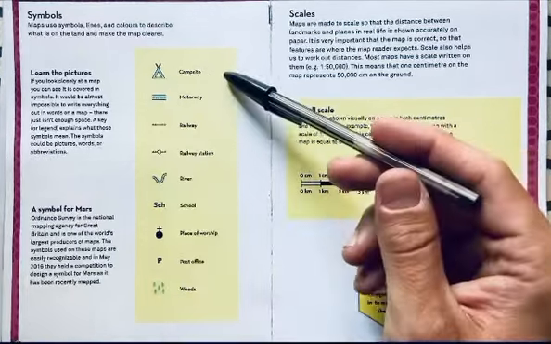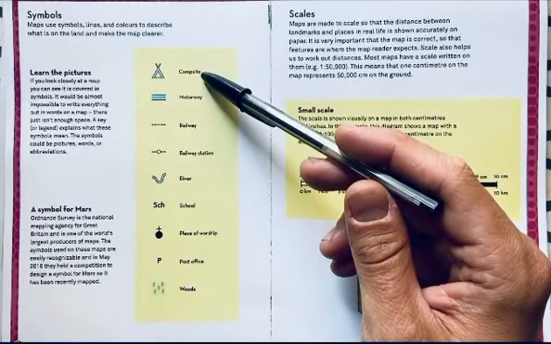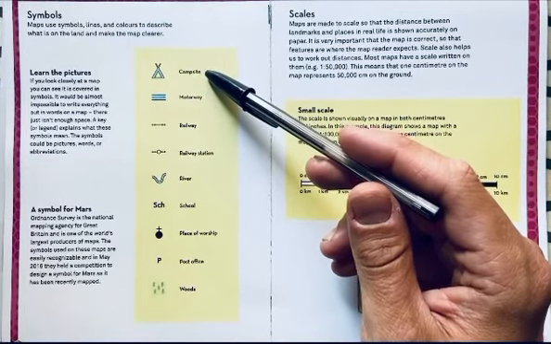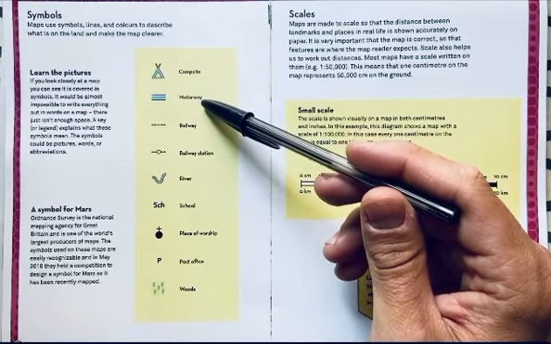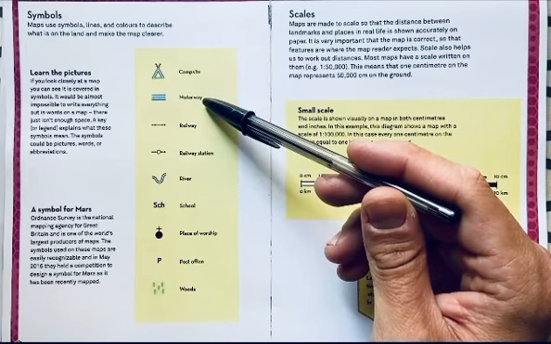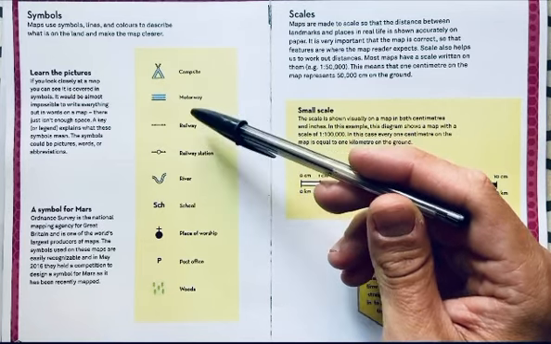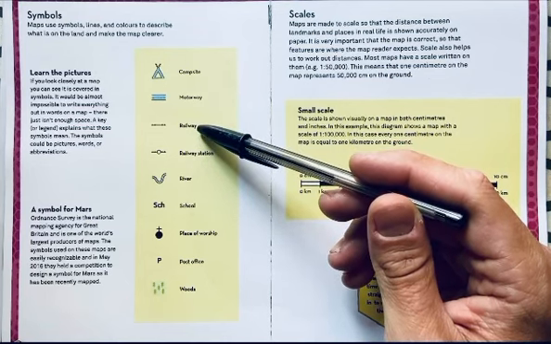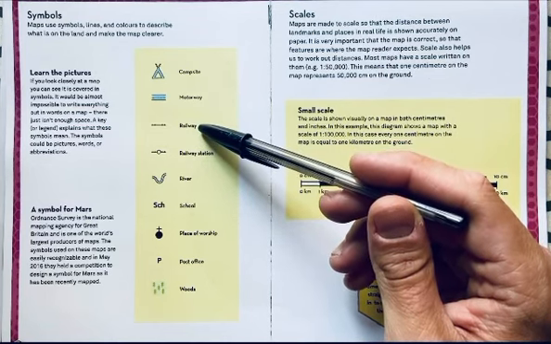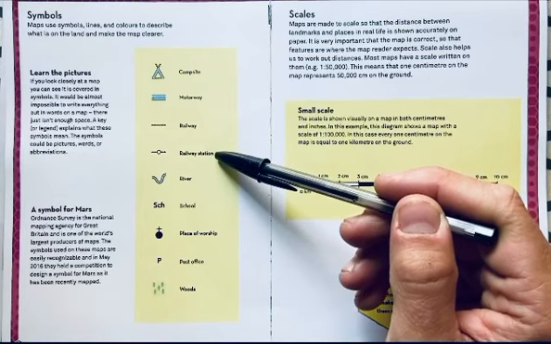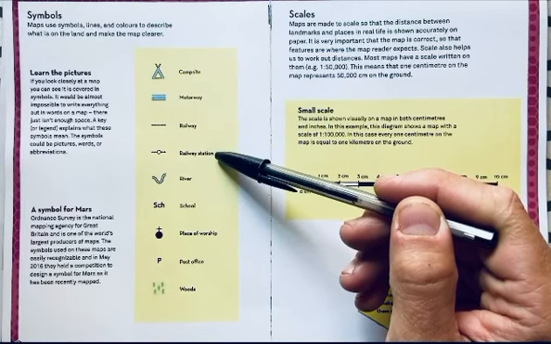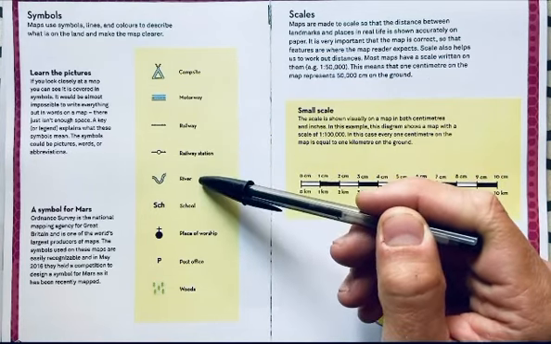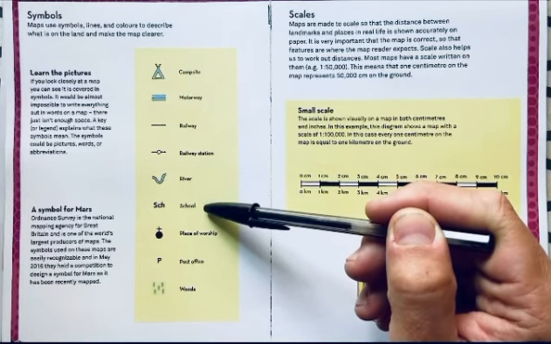So here you can study the symbol for campsite. Campsite, motorway, railway, railway station, river, school.